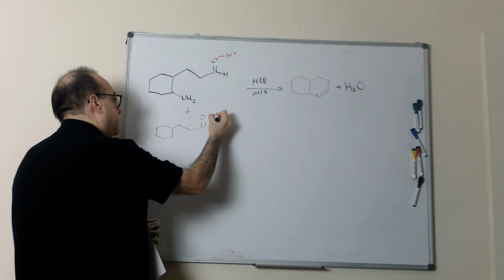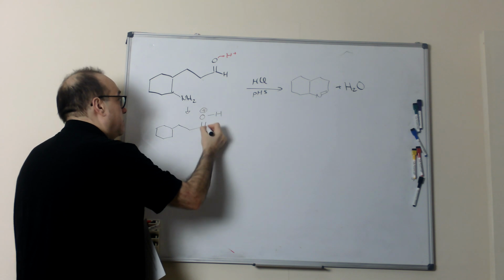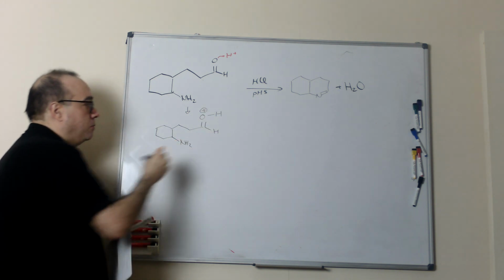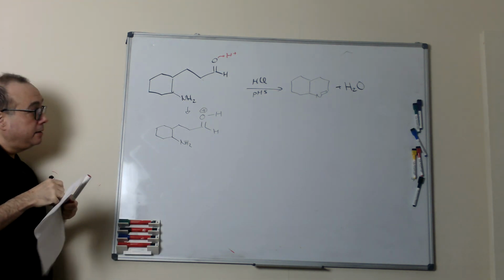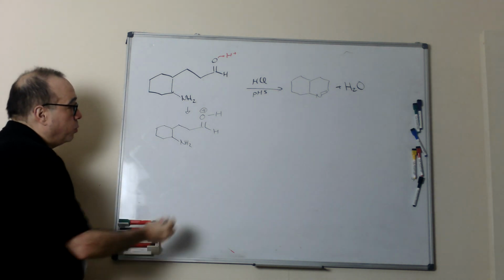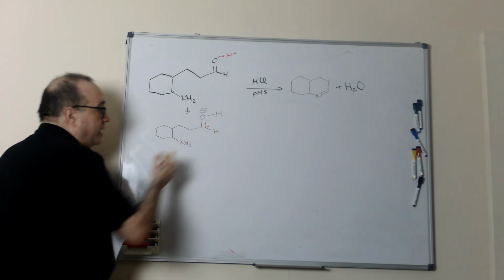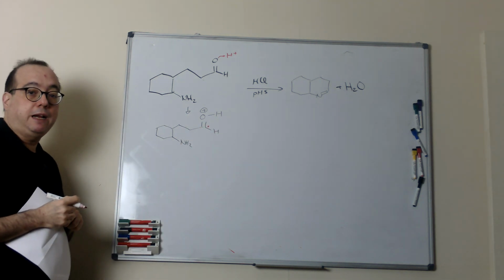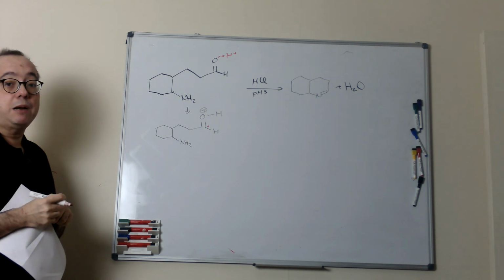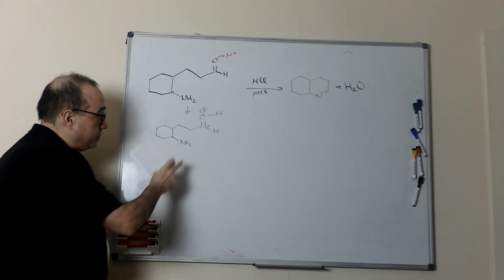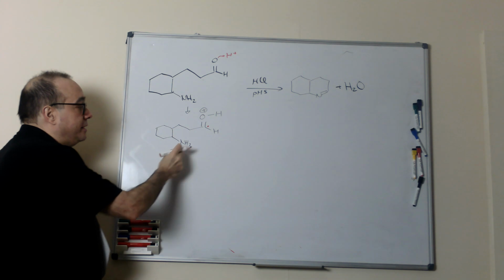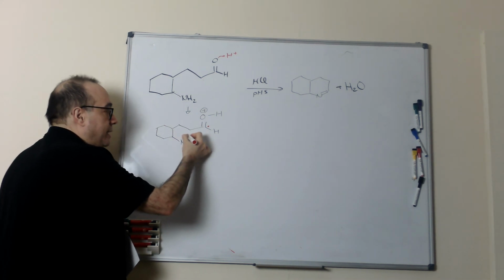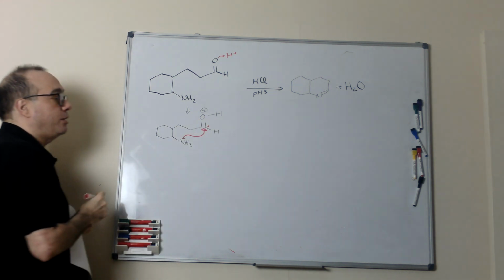Why are we doing this? Because we want to increase the electrophilicity of this atom, of this carbon. Now, this amine will be able to attack, with the pair of electrons of the nitrogen, intramolecularly.